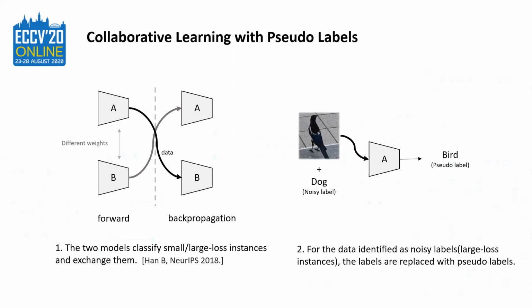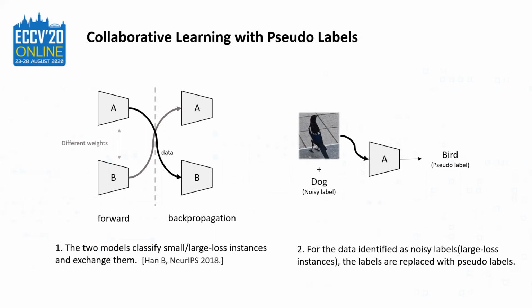And the two models are cross-trained with exchanging these instances. This process makes two models keep diversity and prevent overfitting to hard noisy samples, misclassified ones. Therefore, this method effectively filters the noisy labeled samples.